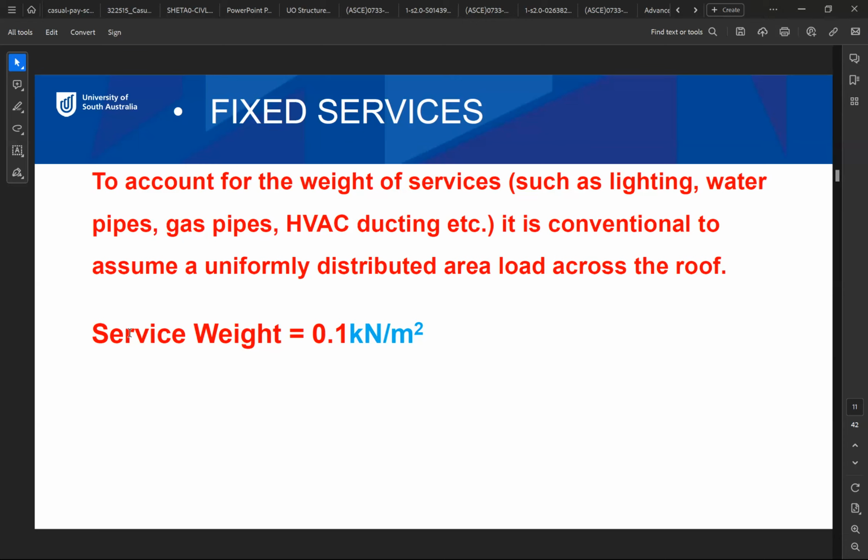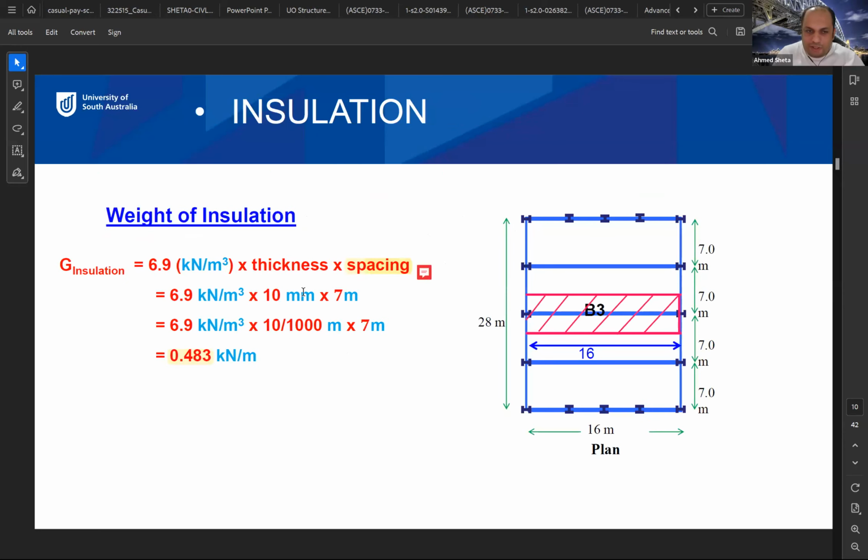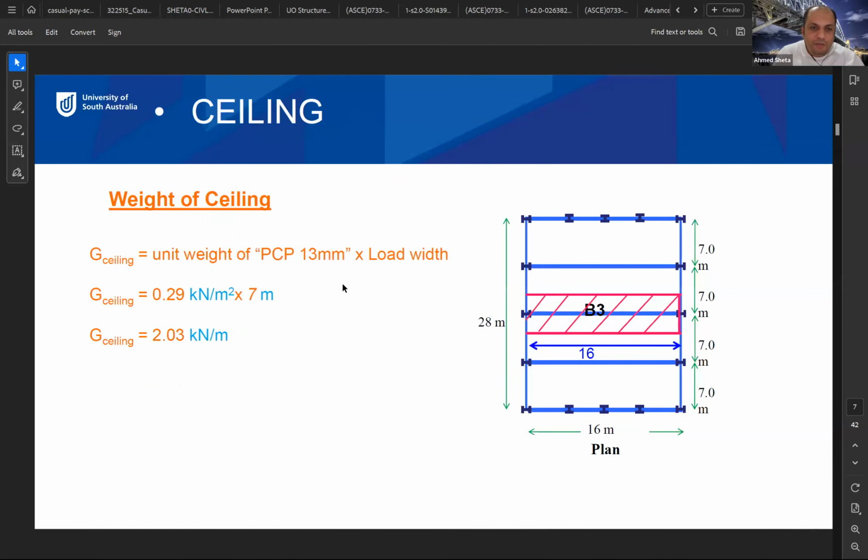And we have to factor in the pitch factor of our roof. I want to ask if you understand this. What do we need to do to convert it to kilonewton per meter? We need to multiply by something. What is this something? Is that the 9.81 meters per second squared? No, that's the kilogram one. Sorry. What do we have to do to convert from kilonewton per square meter to kilonewton per meter, for the ceiling?